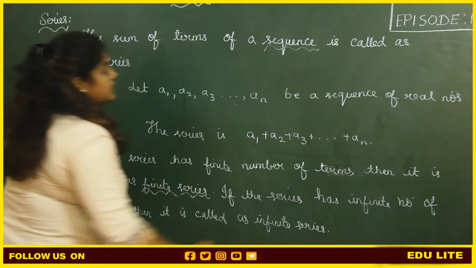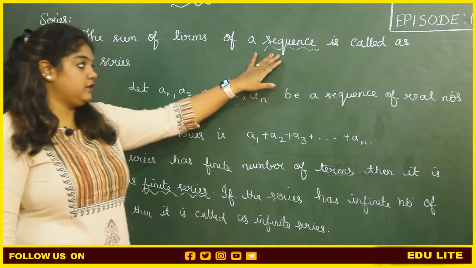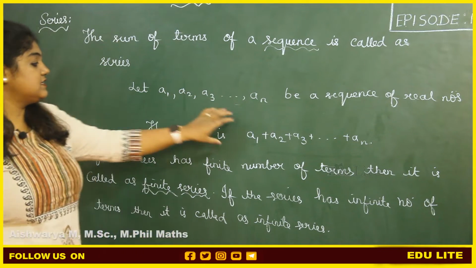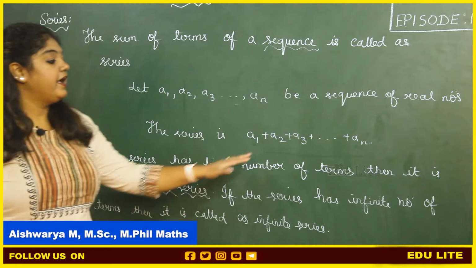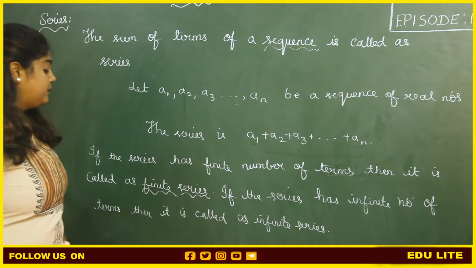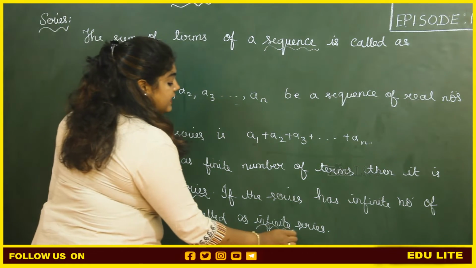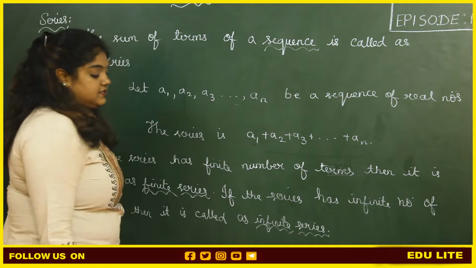So, series is nothing but the sum of terms of a sequence. If the series has finite terms, then it is called as a finite series. If the series has an infinite number of terms, then it is called as an infinite series.